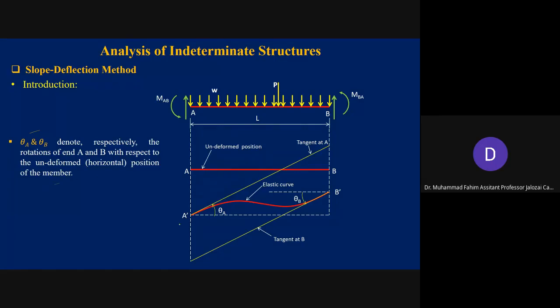So we are assuming that the member is bending like this. So this is theta A. We are assuming anti-clockwise as positive, and that is the reason we are assuming this bend shape, so as to keep theta A and theta B both positive.